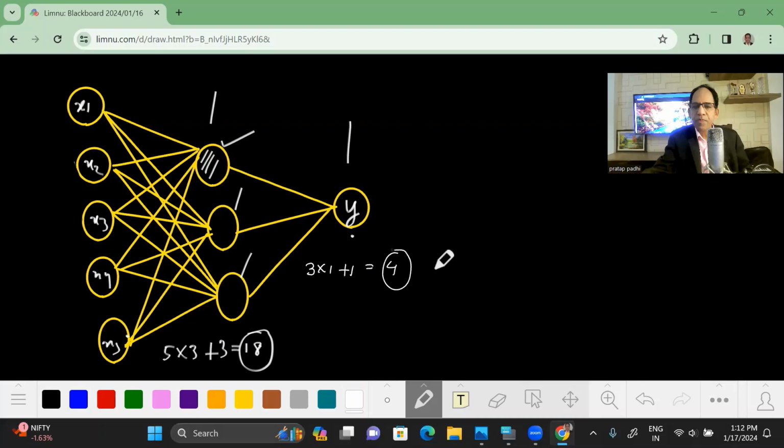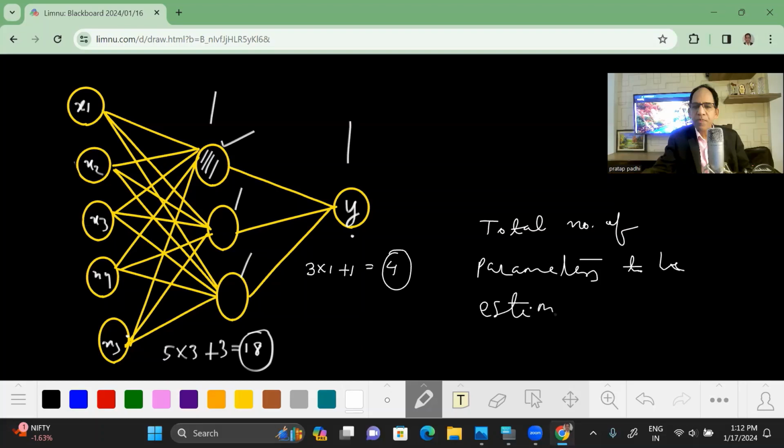So total number of parameters to be estimated. Important: 22. All these things I will show you in coding also in the next class. So 22 parameters you have to estimate.